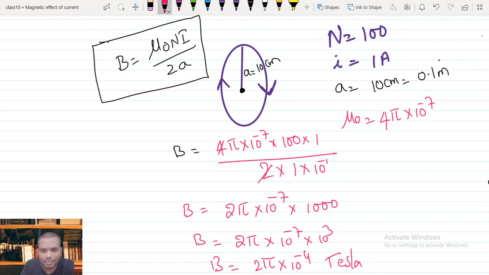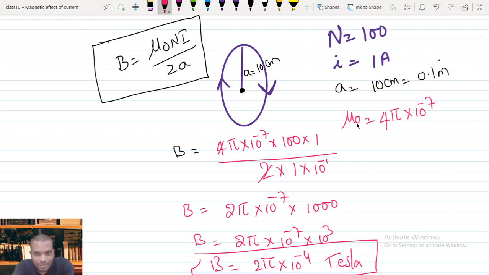Since I have taken a direction, you can specify the direction also, whether it is along the x-axis or y-axis. For that, you just curl your fingers in the direction of current. Note that carefully. Earlier I said curl in the direction of the magnetic field, but that was a wrong sentence.